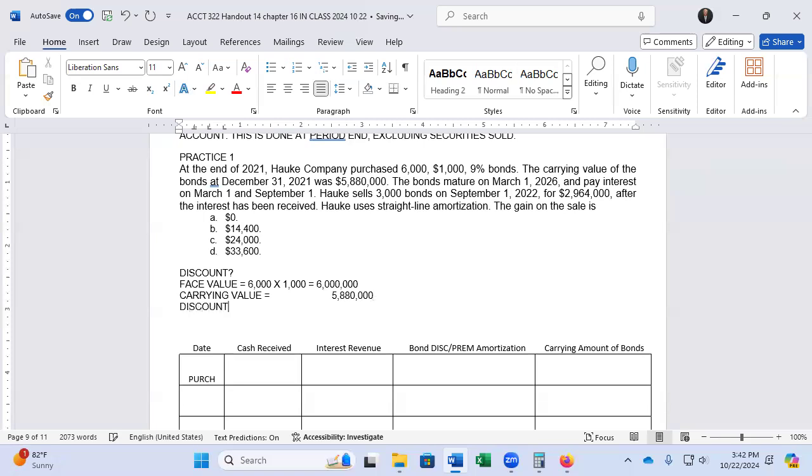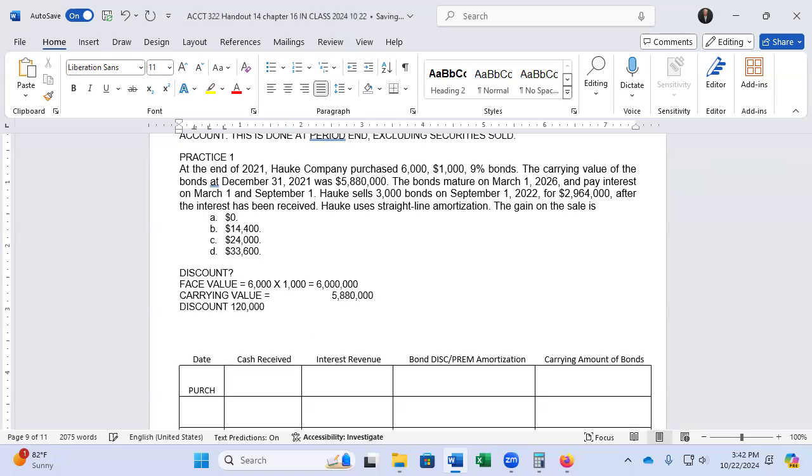And so our discount initially was 120,000. They amortize it on a straight line basis, so we have 120,000. And the bonds mature in March 2026, so that's 4 years and 2 months. So we put in here 50 months.